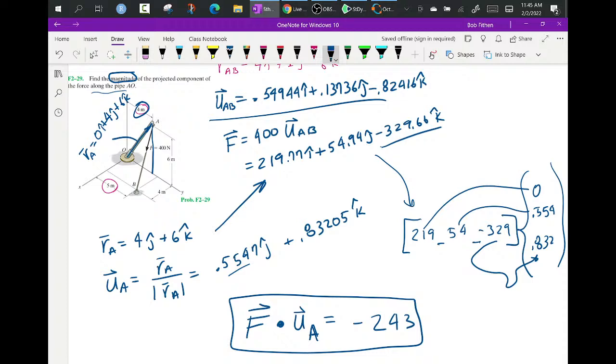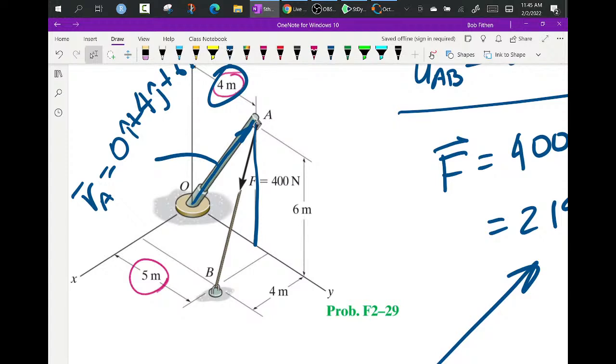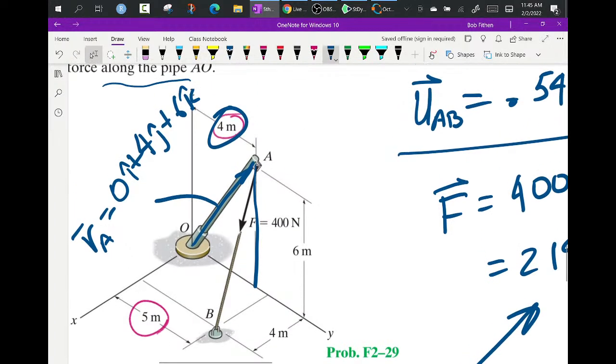You should ask that question. And here's the reason. I have decided to draw this vector in this direction. And yet you can kind of tell this appears like there's a component going down in this direction. So in fact, since they're going in the opposite directions, you're going to get a minus sign.